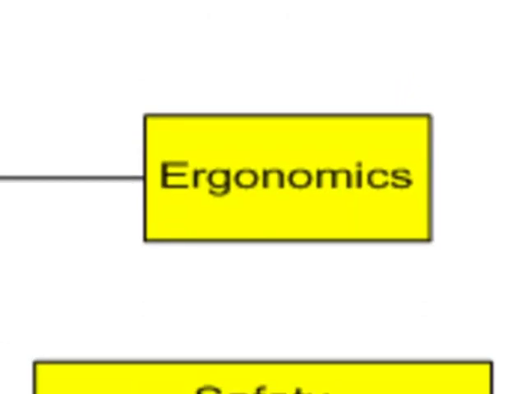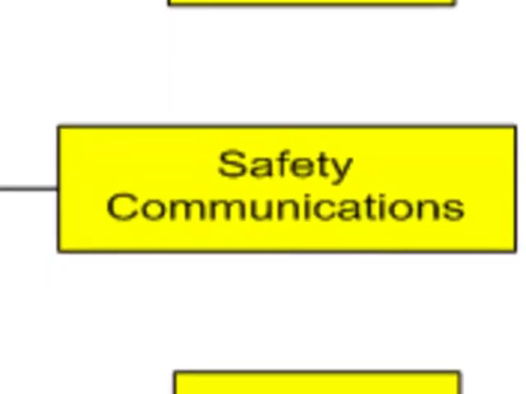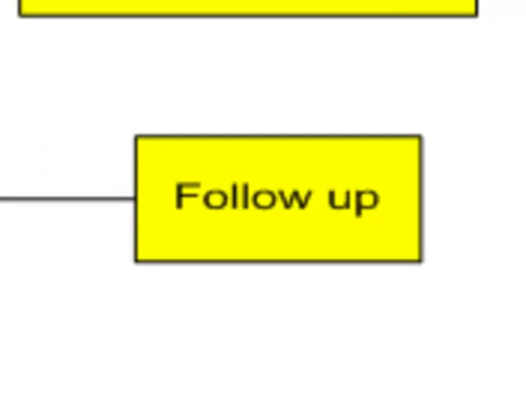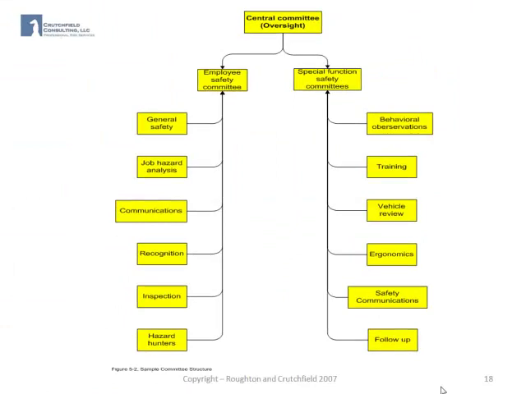Ergonomics are a high percentage of the injuries in the average organization, and getting a special team to address ergonomics we believe is crucial. Again, you might have safety communications for the specialty functions, and then last but not least, a team that would go out and follow up on recommendations, whether it's from the general side or the specialty side, to assure that things are in place and effective in the control of risk or hazards.